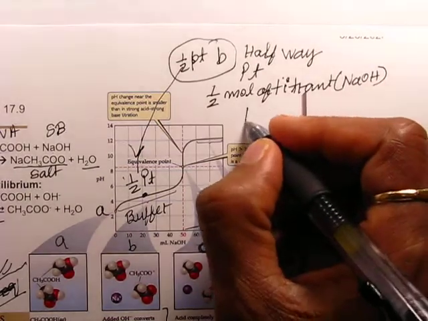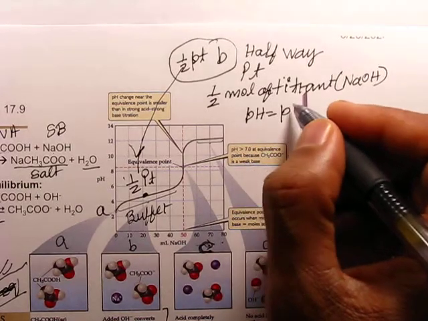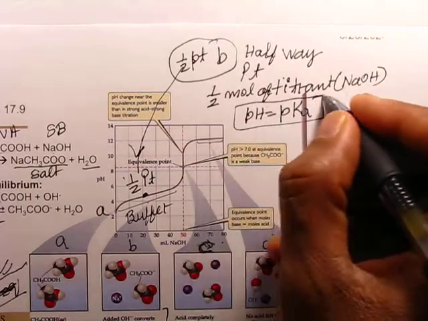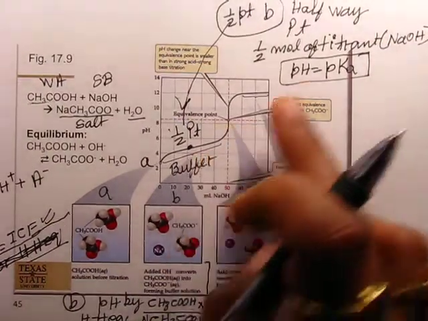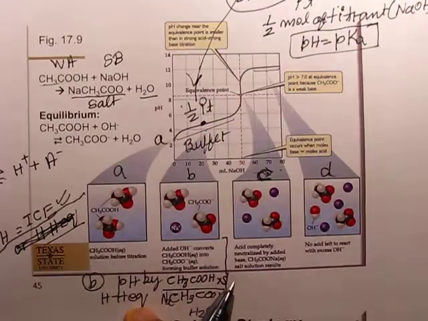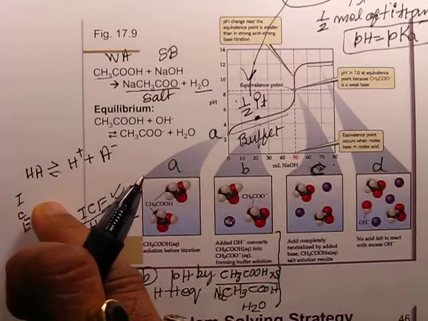And at this condition the pH will be equal to the pKa. So at the half point, pH equals pKa. In the buffer region, use the Henderson-Hasselbalch equation, and at point A, use the ice chart.